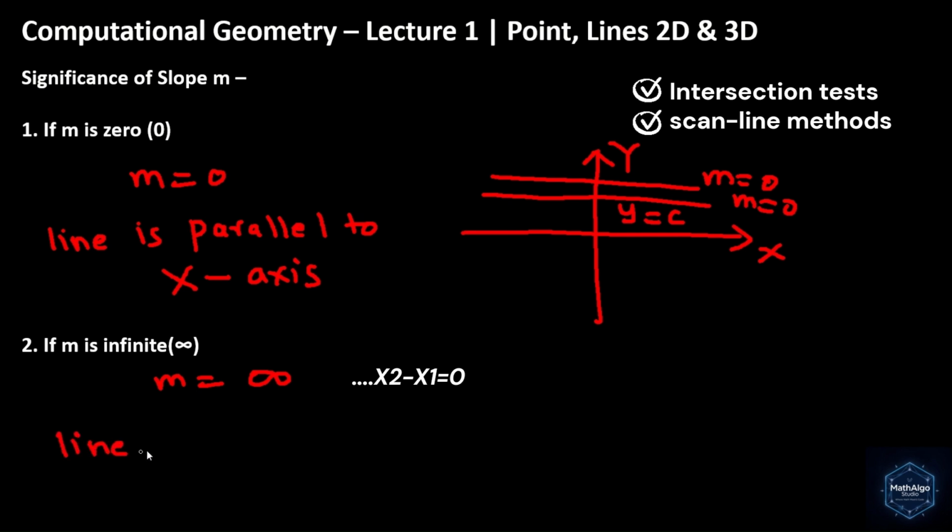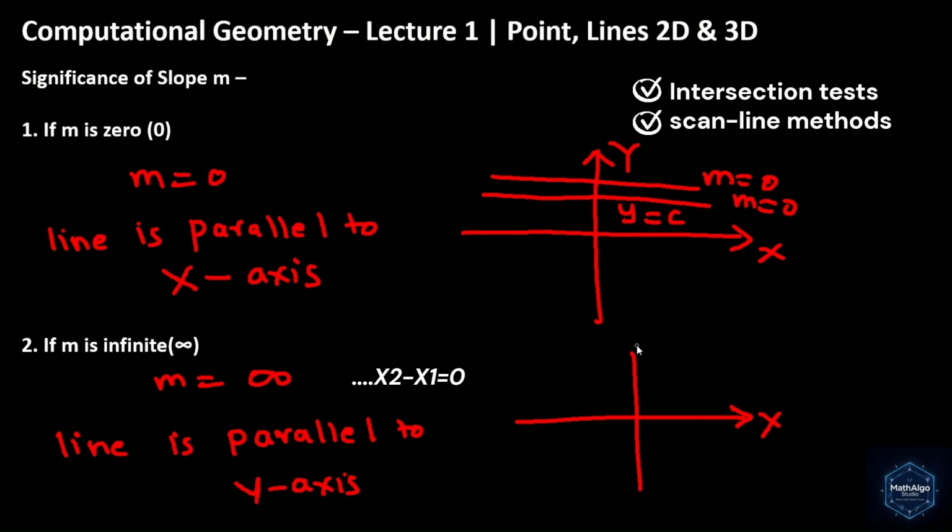The line is vertical, which is parallel to the y-axis. In this case, the x-coordinate remains constant. The line is parallel to the y-axis as shown here. The equation of a vertical line is written as x equals a constant.